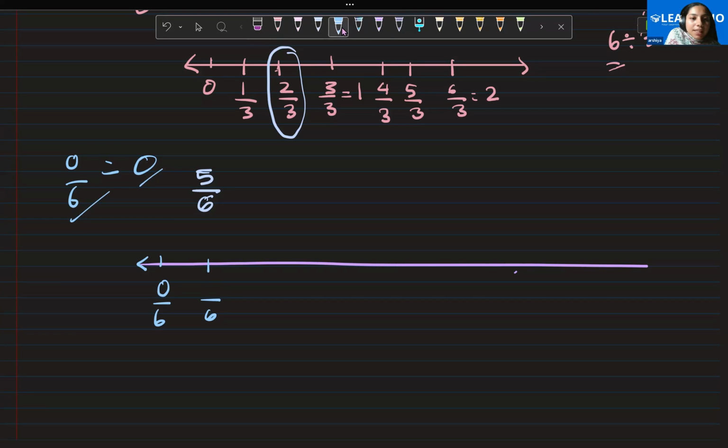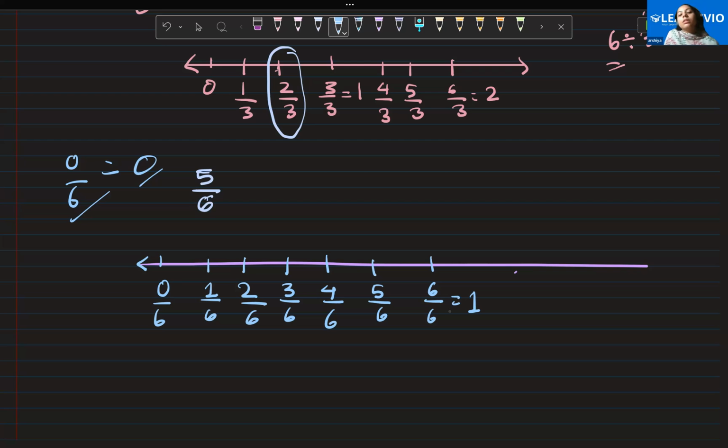Now what after 1 by 6? 2 by 6. Then 3 by 6, 4 by 6, and 5 by 6, and the last 6 by 6. And should I write something else also here? 6 by 6 is equal to 1.